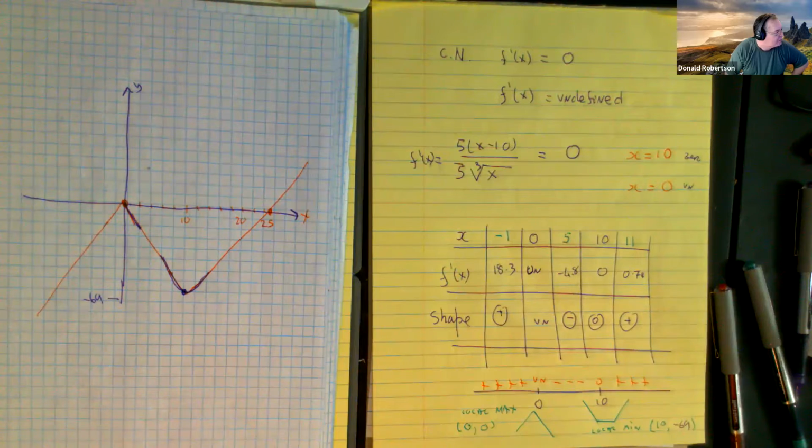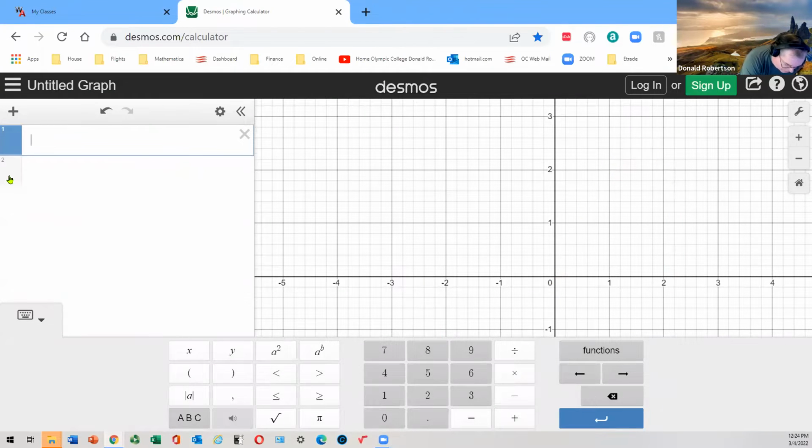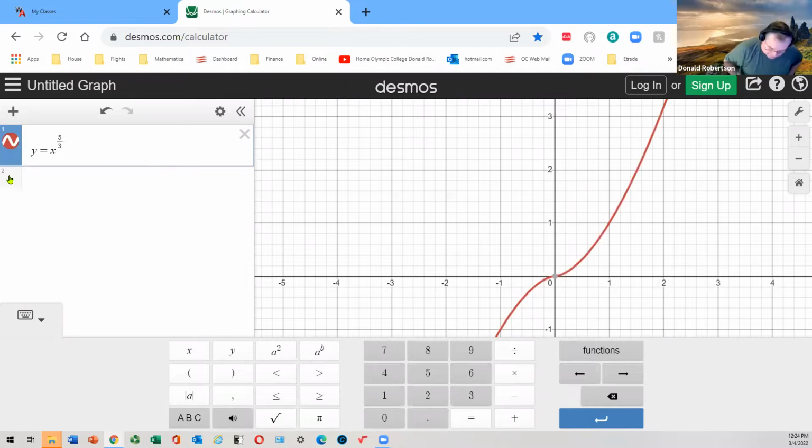Let's check it out. I'll do it on Desmos. So when I go to Desmos, here we go. That's our question 7. Putting in the original function again, which is x to the power of 5/3 take away 25x to the power of 2/3.